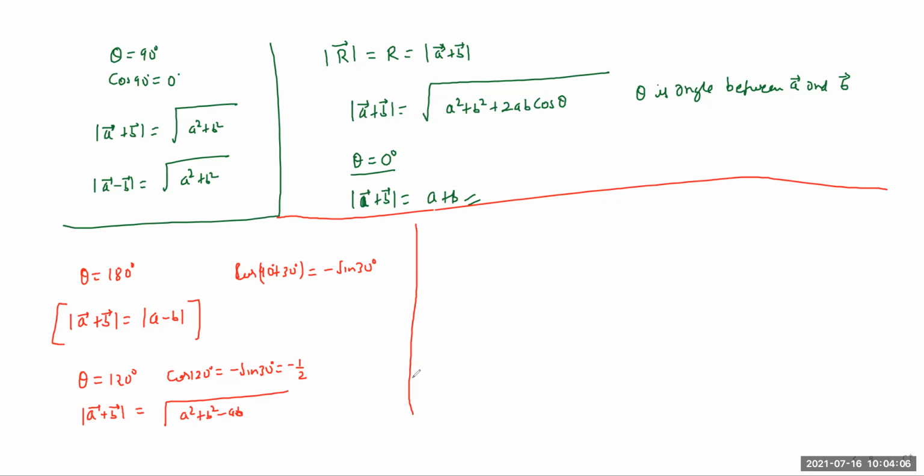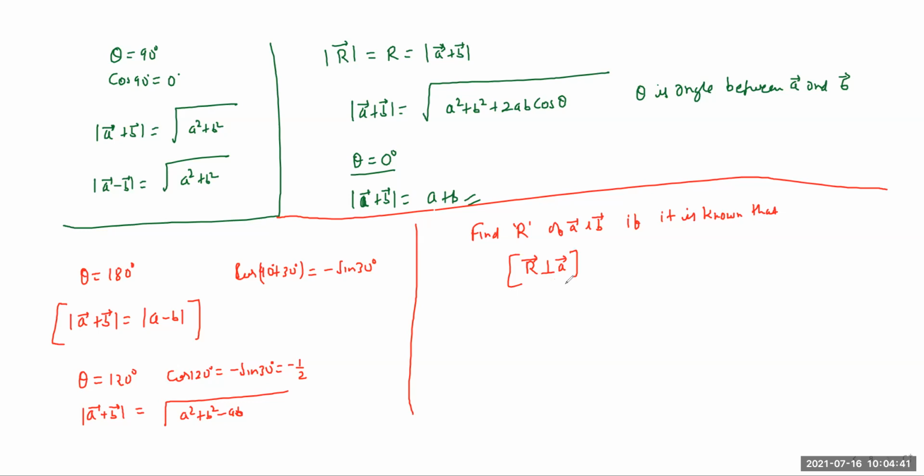Now something very interesting. I'm going to ask you the resultant, and I'm not going to give you theta, but what I'm going to give you is sufficient to get theta. So let's say find R of A and B if it is known that the R vector is perpendicular to A vector.